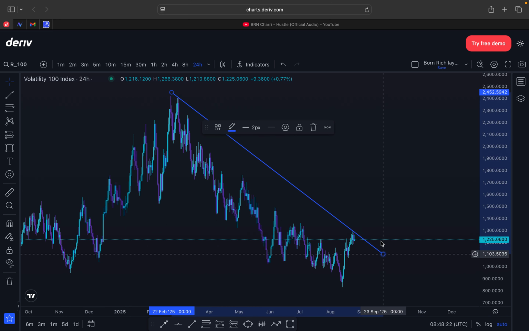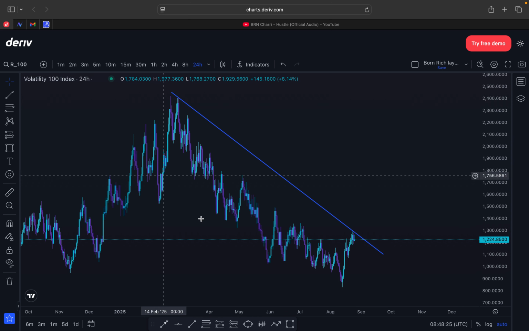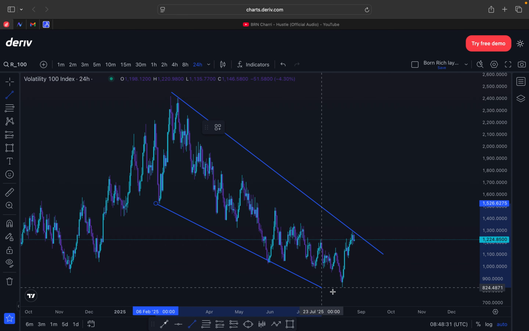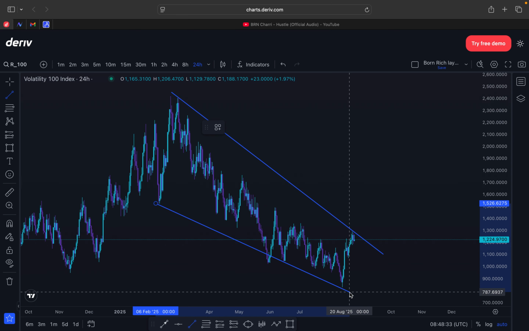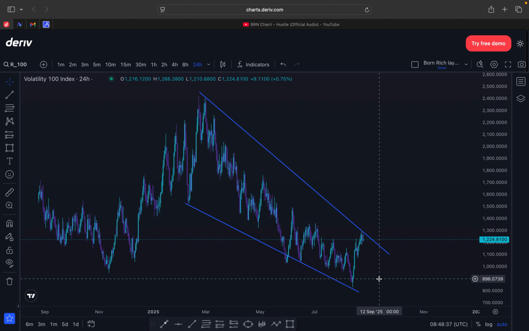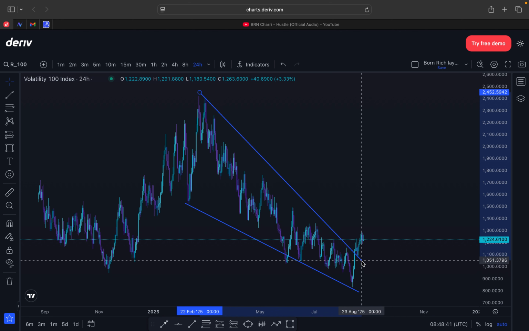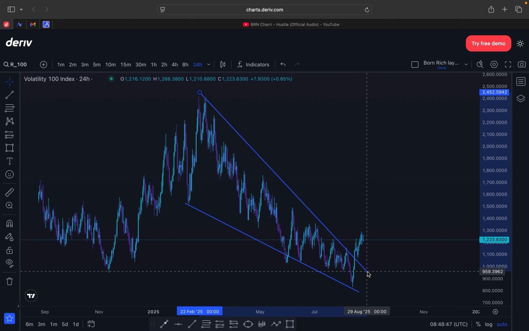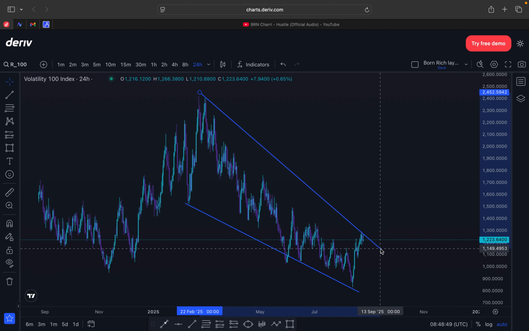On the daily, the market is forming some form of a falling wedge. This is the daily, but we can also adjust this right here just to slim things down, but I think we're just going to leave this here.